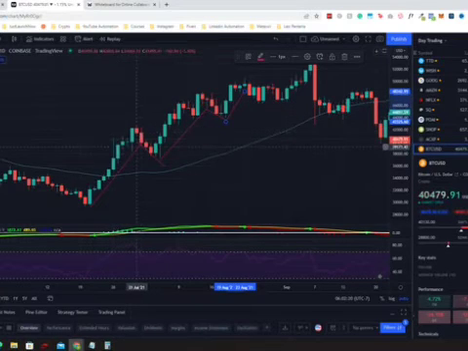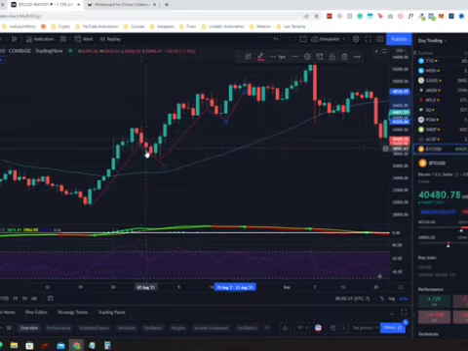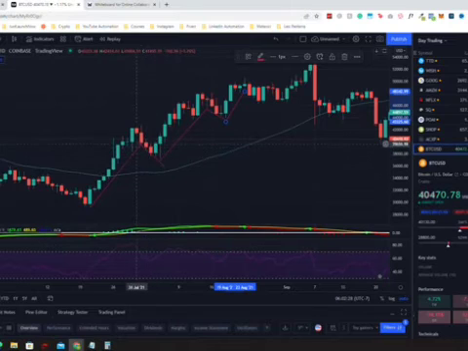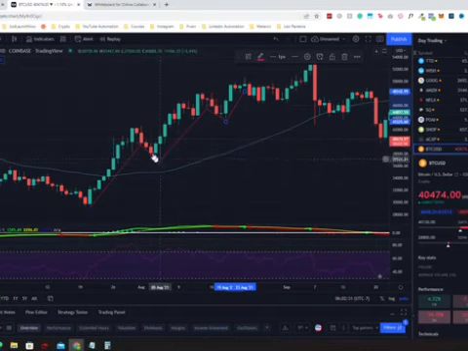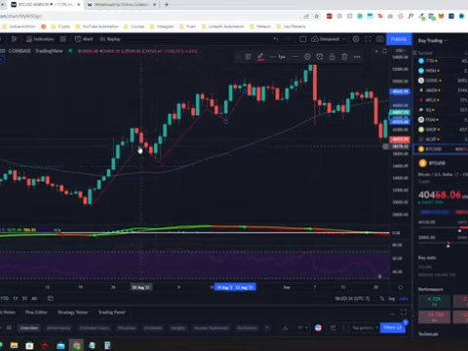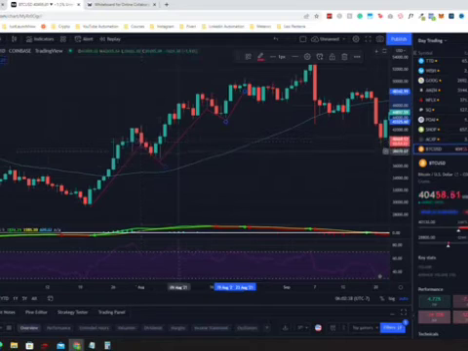So it went all the way up, and then it went down again. So the first line is called a bullish market, bullish trend, and then it went down, which is technically a bearish trend, but I wouldn't call it a bearish market. This is still a bullish market, and I'll explain in a bit why I'm saying that.